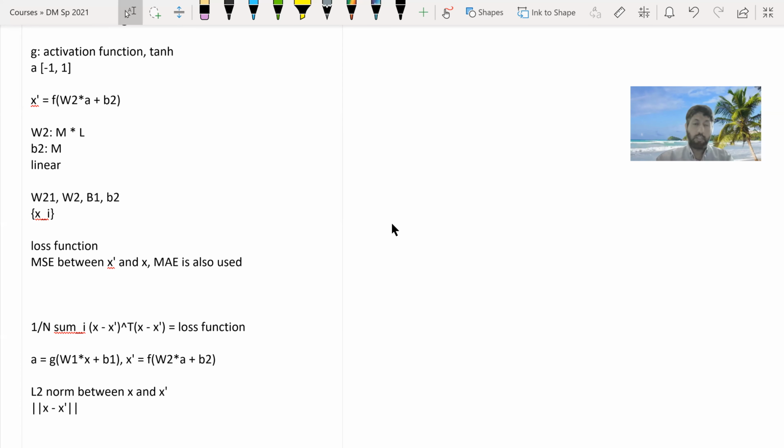So the Euclidean distance between x and x prime, if this is greater than some threshold, let's say theta, then x is an outlier. Of course, theta is a parameter.